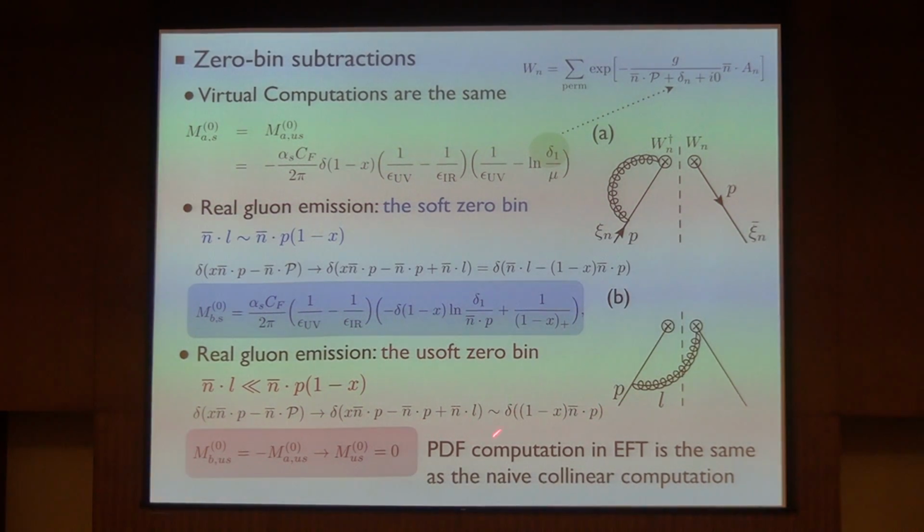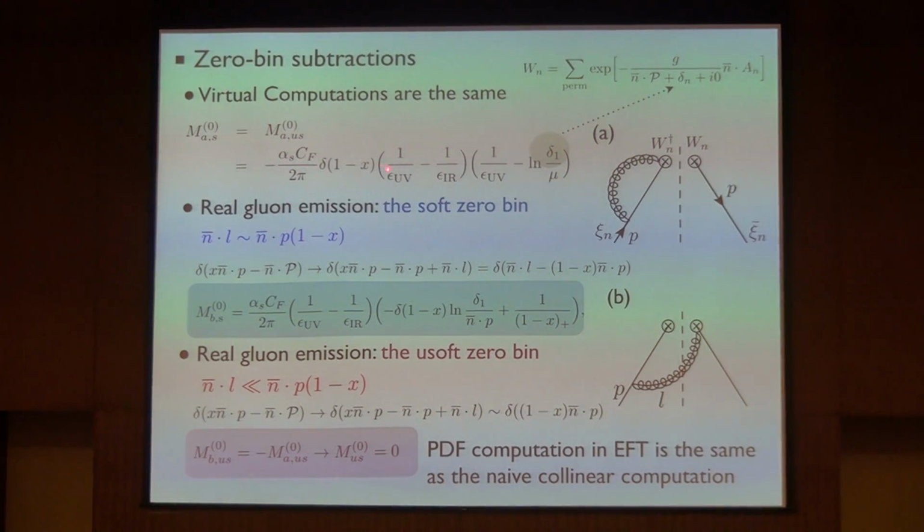So with these delta functions, when you compute these subtractions, the result should be the same as the virtual fractions, with the only difference being the sign. So for the ultra soft subtractions, for the PDF one-loop computations, when you combine the real and virtual fractions, those subtractions cancel. So for the PDF, direct collinear one-loop calculation would be enough.